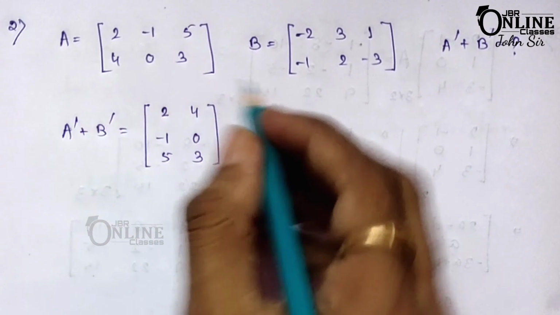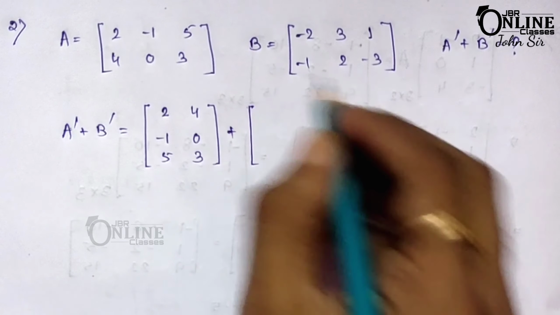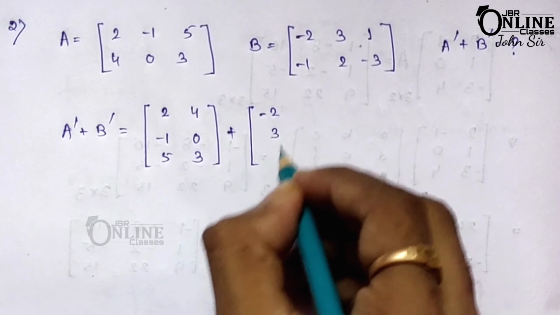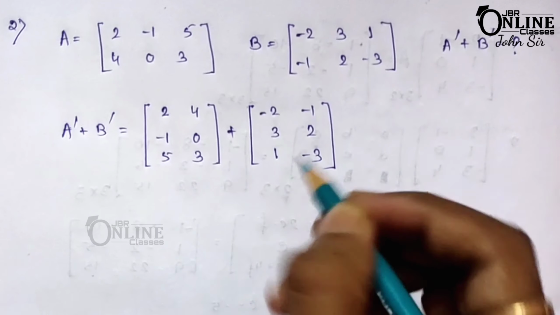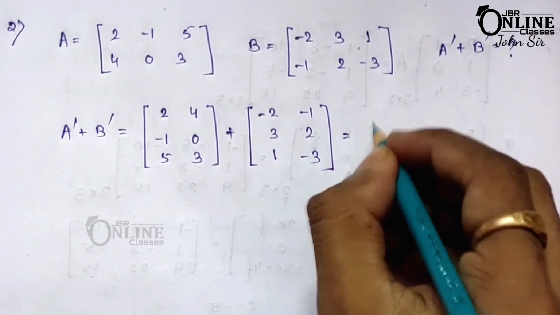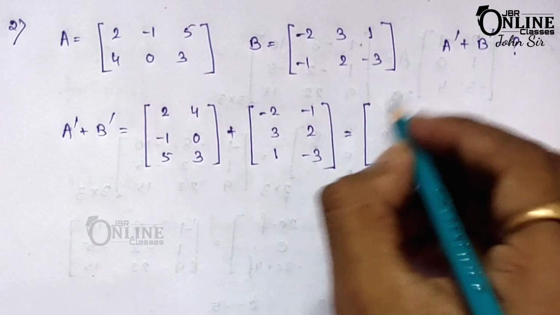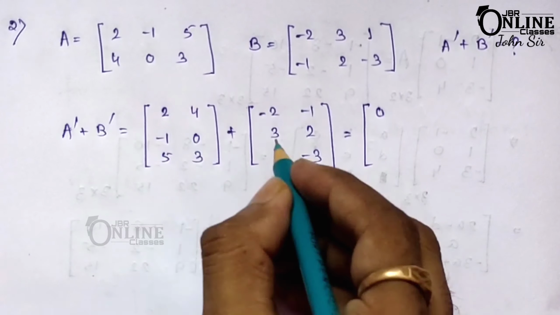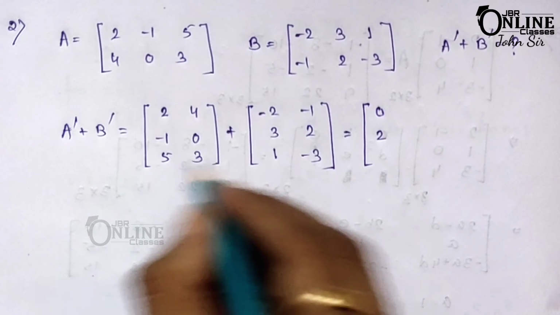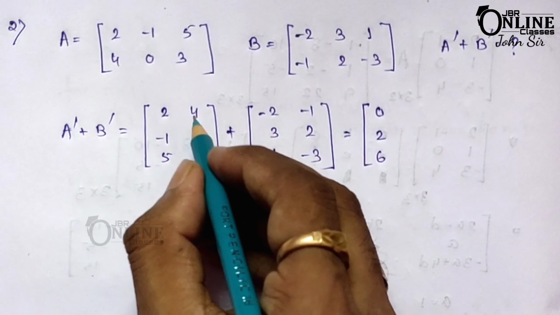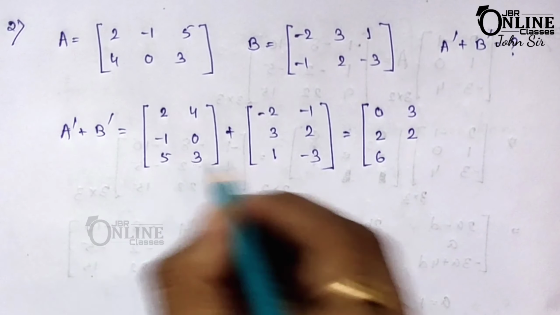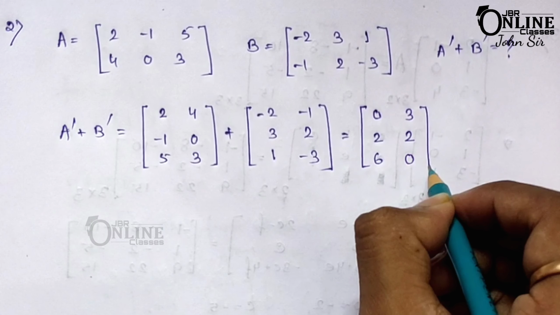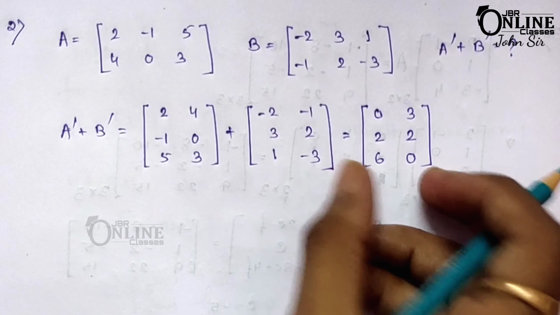So this is A transpose, and the second one, minus 2, 3, 1, minus 1, 2, minus 3, and that is B transpose. Now you have to add this one, so 2 minus 2 it will be 0, minus 1 plus 3 it will be 2, 5 plus 1 is 6, then 4 minus 1 it will be 3, 0 plus 2 is 2, and 3 minus 3 equals 0. So that is your answer.